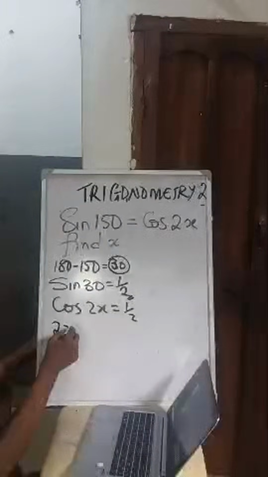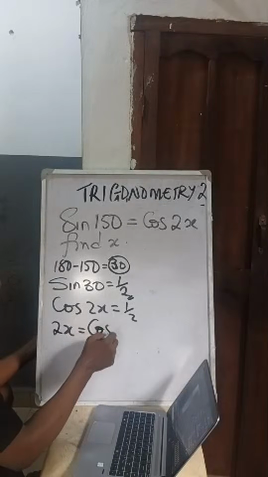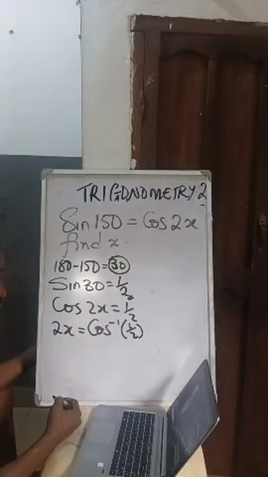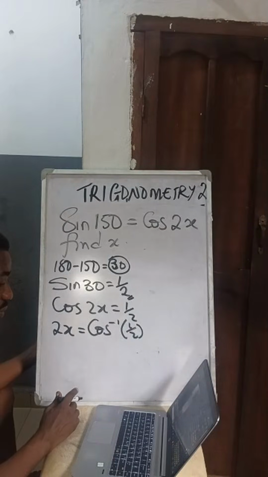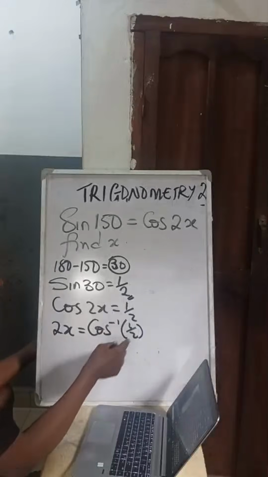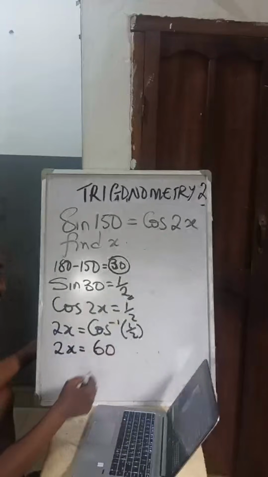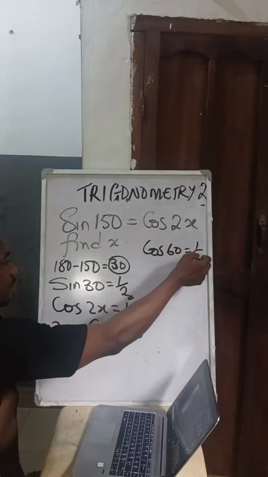Therefore, 2x is equal to cos inverse of 1 over 2. We already know that cos inverse of 1 over 2 is 60, because cos 60 is equal to 1 over 2.